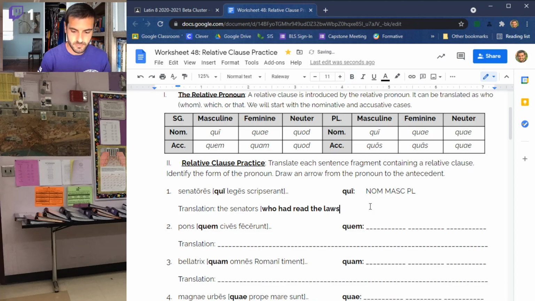The senators who had read the laws. Right? So qui is nominative because who had read the laws? The senators. They're the ones who did that verb, scripserunt. So they are the subject. Okay? The senators who had read the laws.